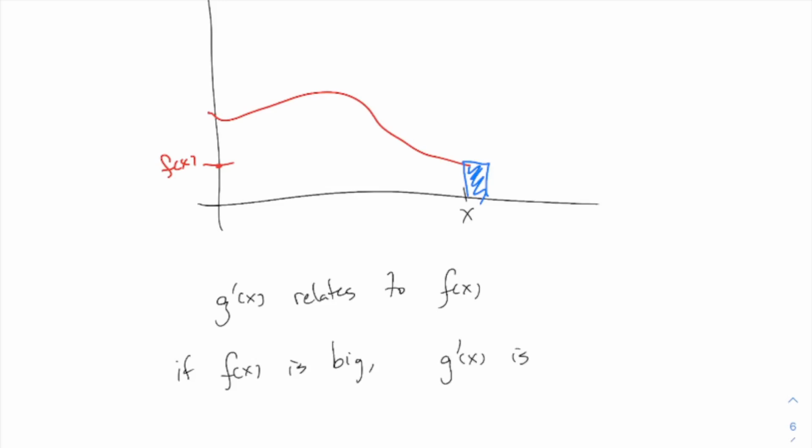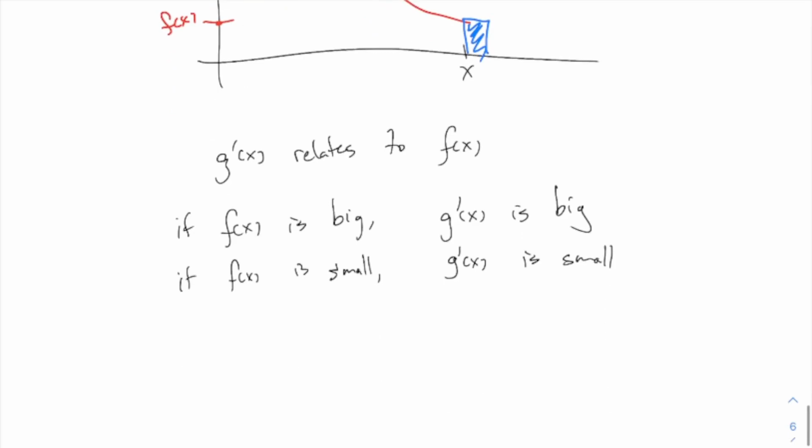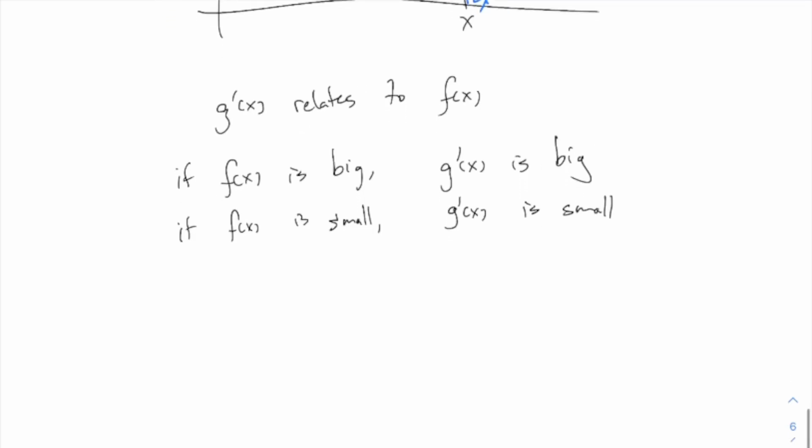It was that big, tall blue thing. And in the second picture, if f of x is small, then g prime of x is also small. It's that little blue thing. So there is a relationship between the two. What I've said so far is not enough to convince you fully, but we'll discuss this next time.